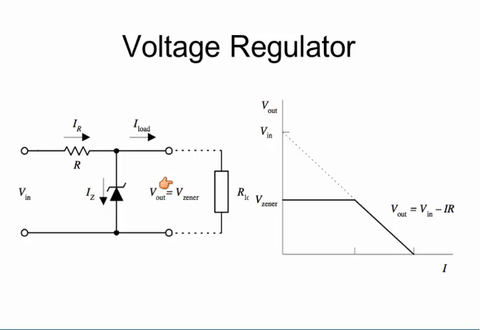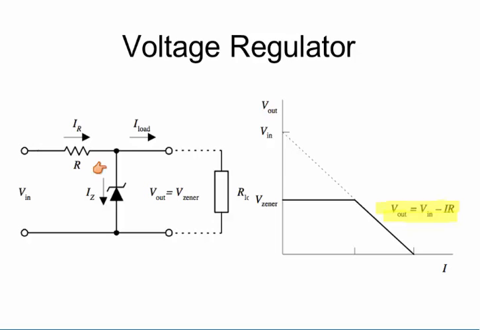Kirchhoff's voltage law is very easy for this circuit. The output voltage is equal to the input voltage minus the voltage drop across the resistor, which is IR. So we can write V out equals V in minus IR.